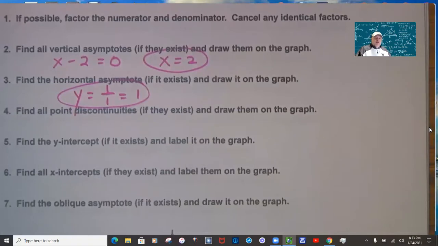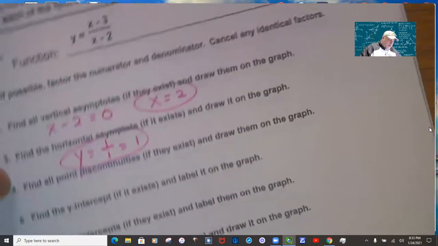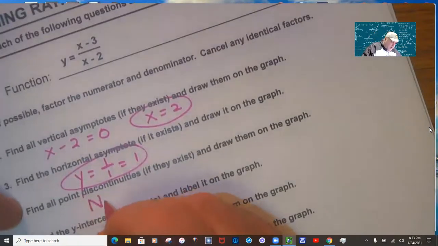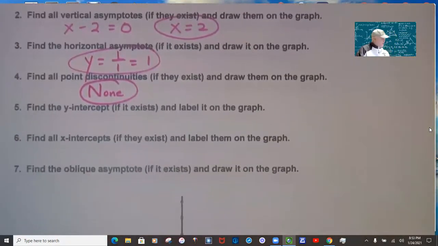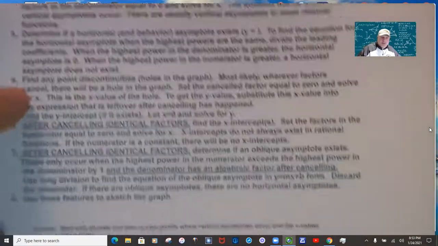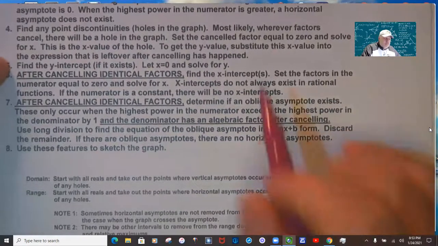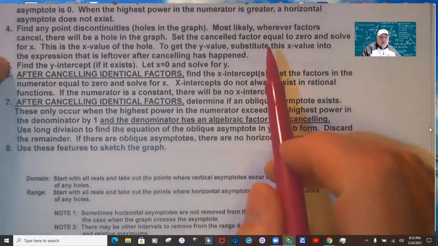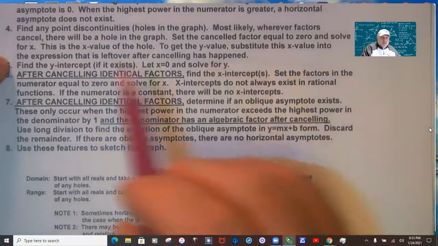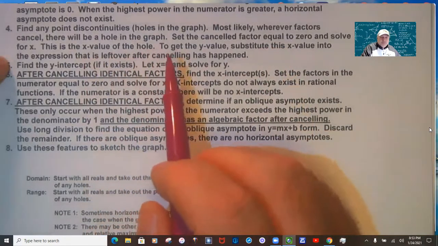Find all point discontinuities if they exist. There are none in this. So what is the point discontinuity and when would we have it? So you've got to look here, find any point discontinuities, holes in the graph. Most likely, and it will be in our cases, wherever factors cancel, there will be a hole in the graph.